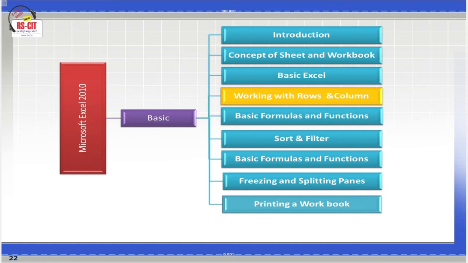New rows, columns or worksheets may be inserted using Insert menu available under Home tab. Right-clicking a particular row, column or worksheet will also show the options to insert new ones. Similarly, rows, columns or cells may be deleted if required.